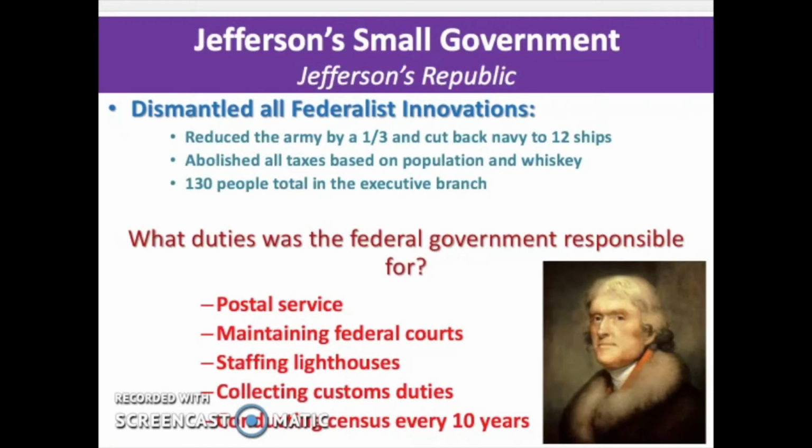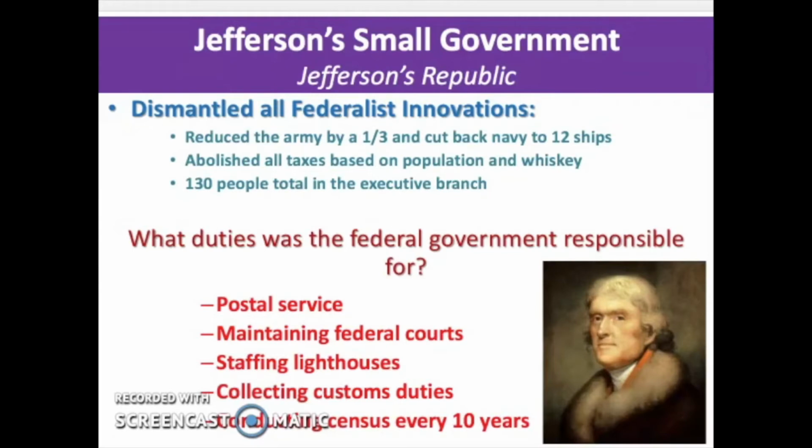His duties, in his mindset of a federal executive branch, were to maintain a strong postal service, maintain federal courts, and staff lighthouses. And why is that important? Well, that's the whole movement of everything in and out of America to Europe and abroad, to China, to India, as that starts to open up, the Mediterranean, all that.